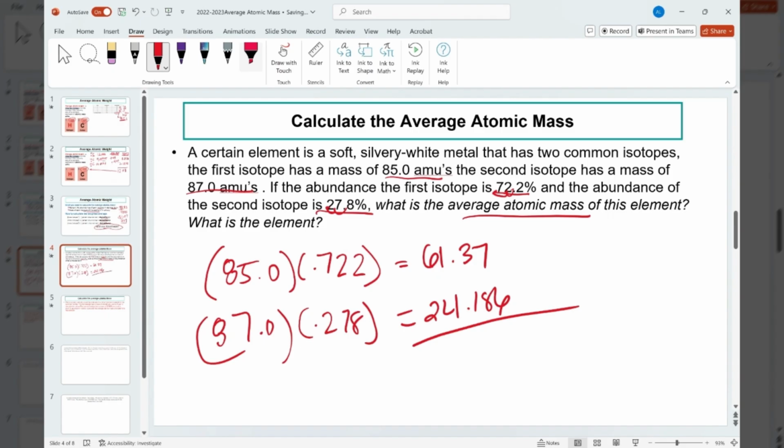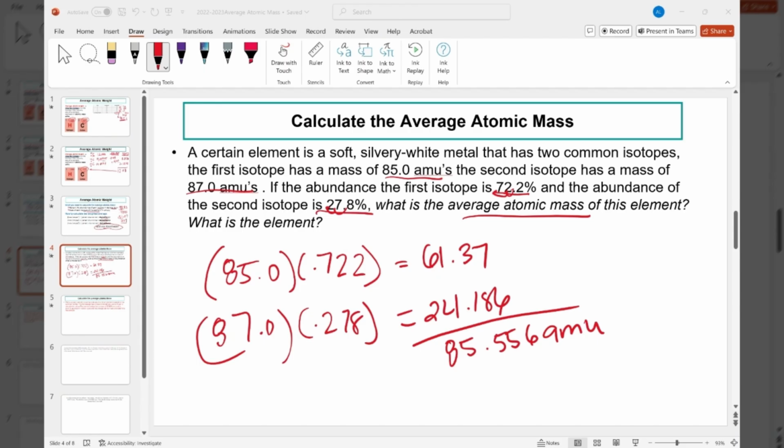So this element has an average atomic weight of 85.556 AMUs. Now, due to significant figures, it's going to be pretty close to the periodic table, but it might not be perfect. So I'm going to scroll over, let's see, 85. Here we go.